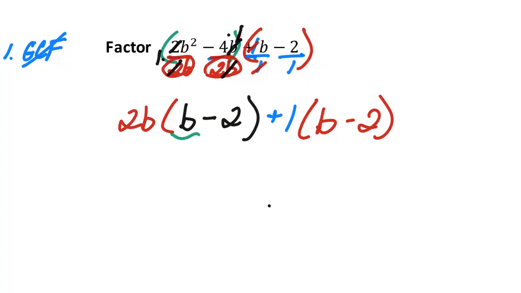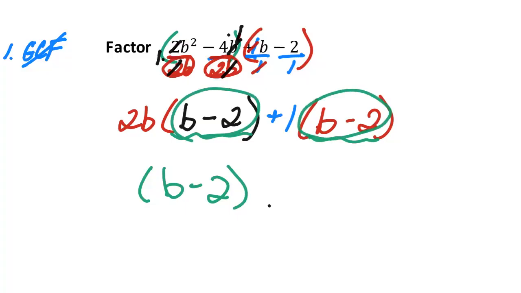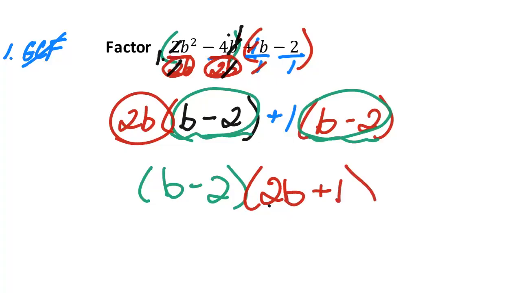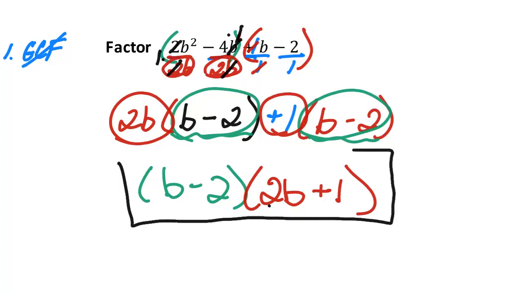And so here are my new greatest common factors. I bring that greatest common factor out in front. And what I have left in the second set of parentheses is the 2b plus 1. And again, this is your factorization of the 4-term polynomial above.